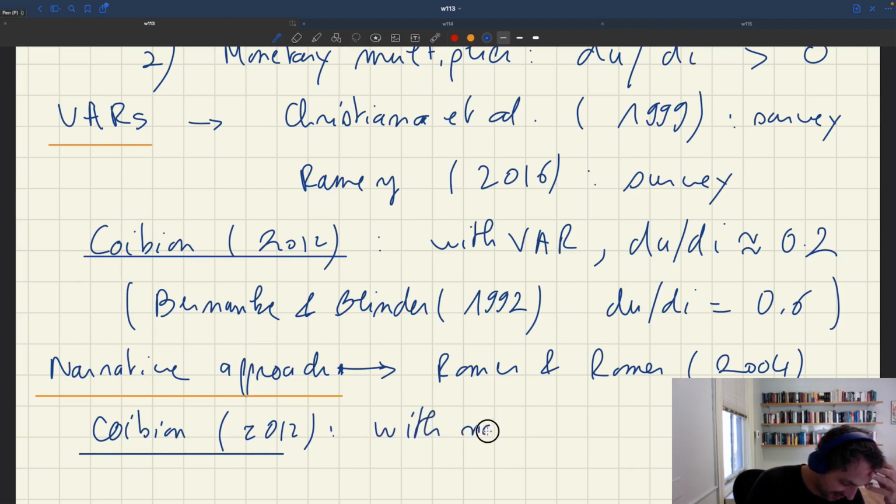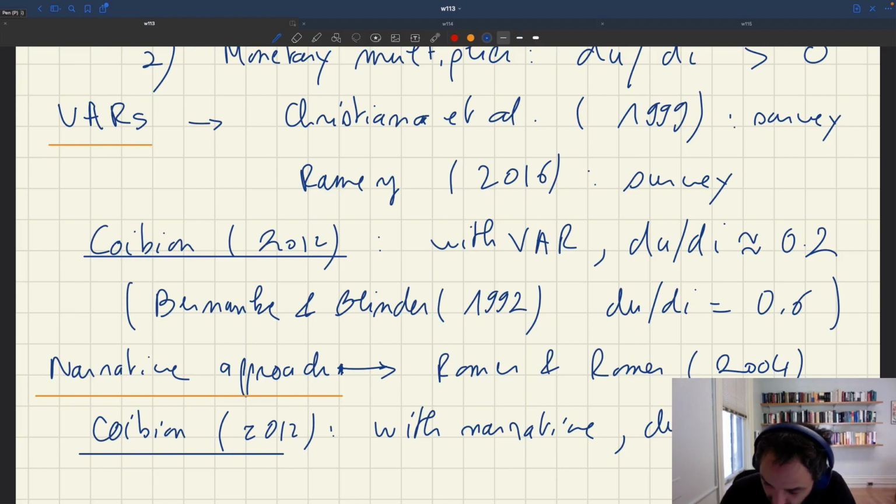And with the narrative approach, what he finds is, du/di, if I remember correctly, yes, he finds a much bigger du/di, around 0.9. So this is an estimate where the Fed has a much stronger impact on unemployment.